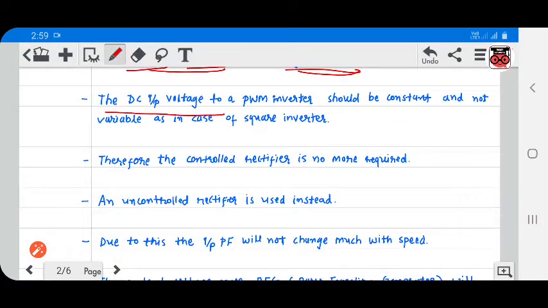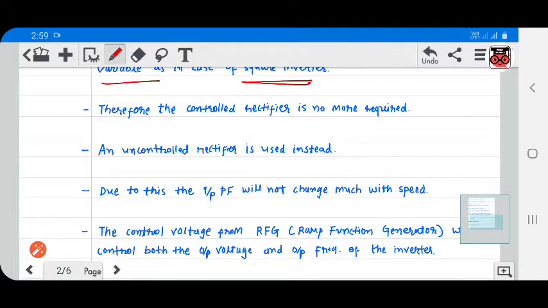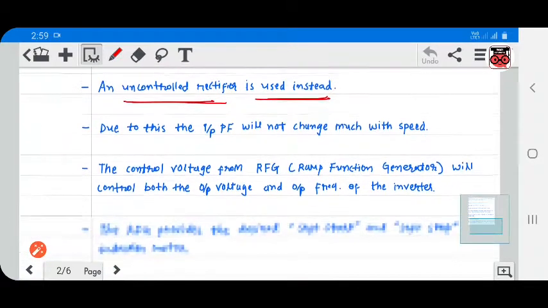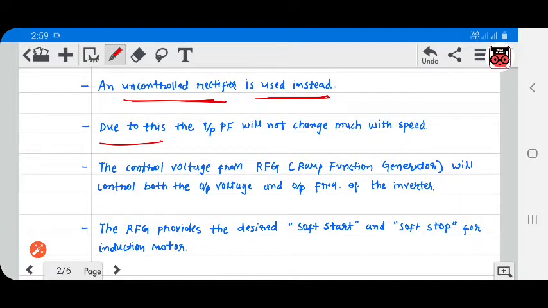The DC input voltage to the PWM inverter should be constant and not variable as in the case of square wave. Therefore, the controlled rectifier is no more required and an uncontrolled rectifier is used instead. Due to this, the input power factor will not change much with speed.